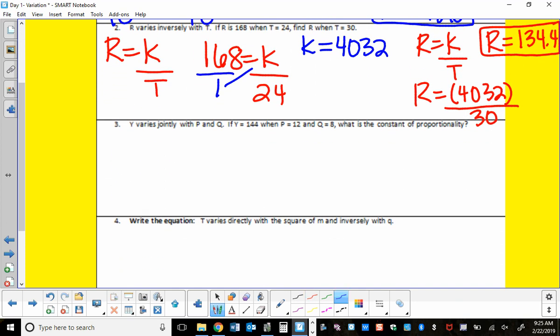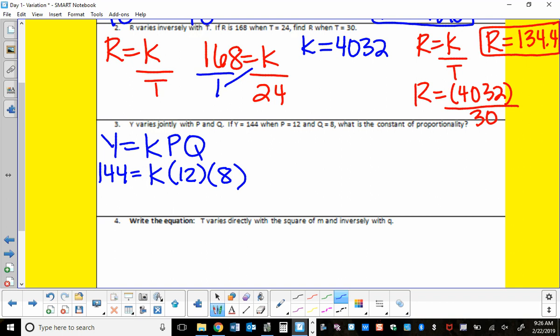Number 3, Y varies jointly with P and Q. If Y is 144 and P is 12 and Q is 8, they're asking for the K. Okay, so we don't have a 3-step problem.